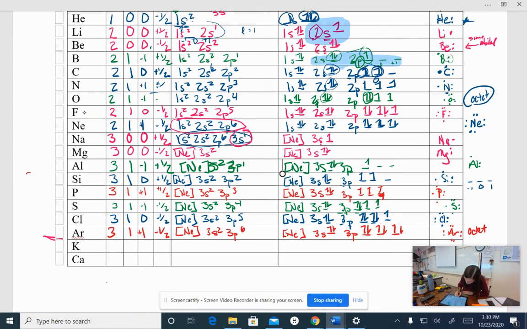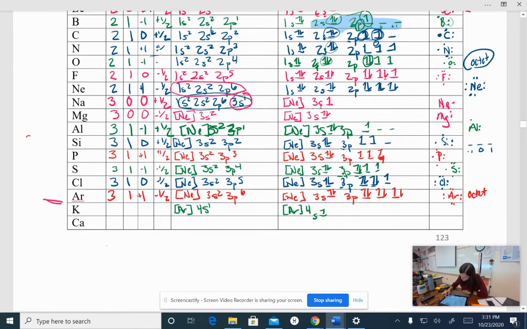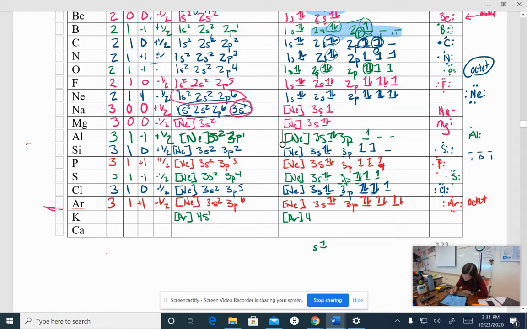Instead of using neon now, I'm going to use argon. And the only thing we have beyond argon is 4s1. So argon, 4s upspin. Once again, remember when we do this, we want this to be up here, 4s upspin.